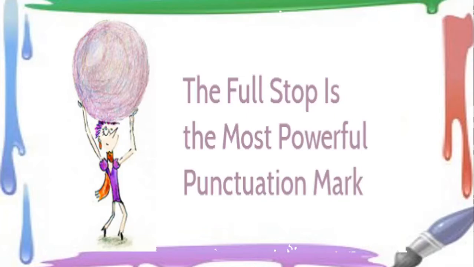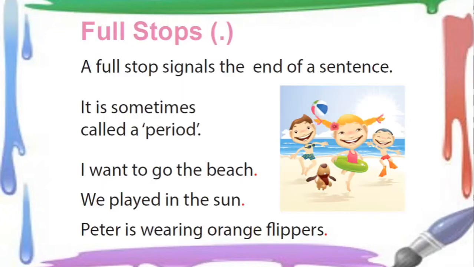Why do we call it the most important of all punctuation marks? Because it tells you when you are supposed to stop speaking, when you are supposed to end a sentence. So the full stop has the distinction of being the most important or most powerful of all punctuation marks.